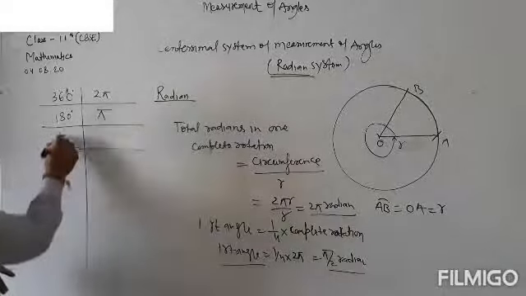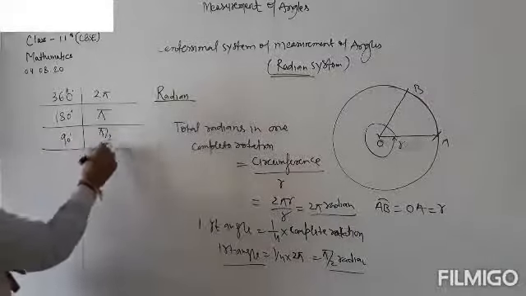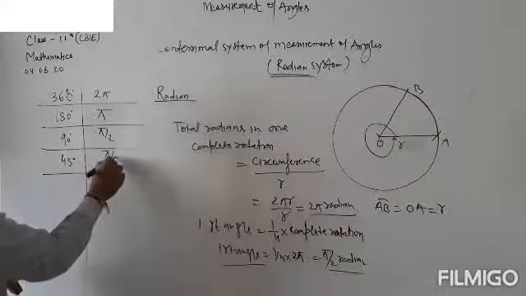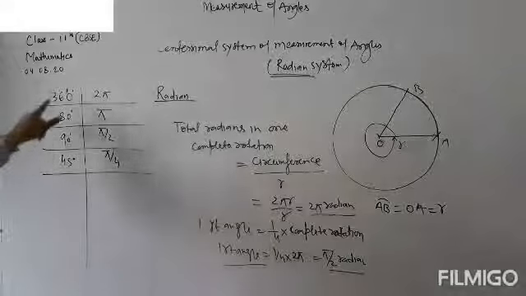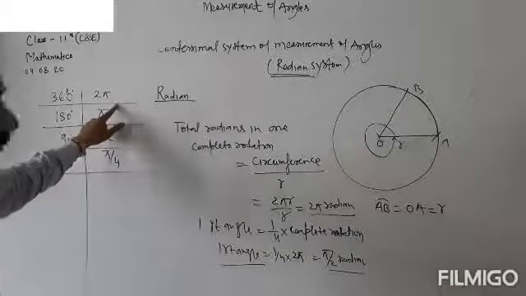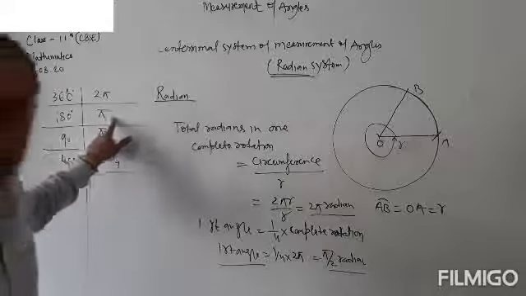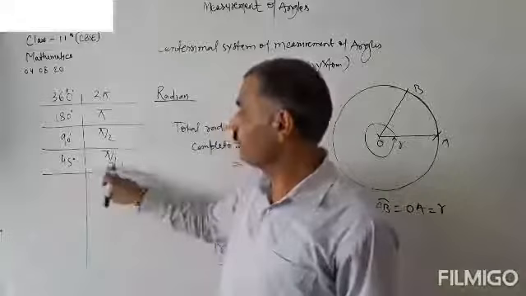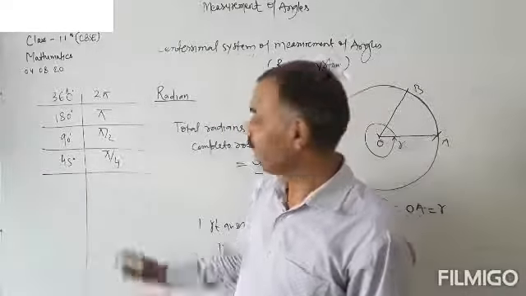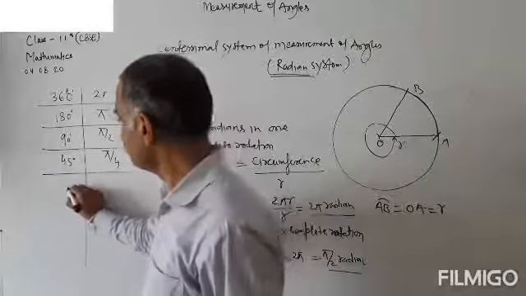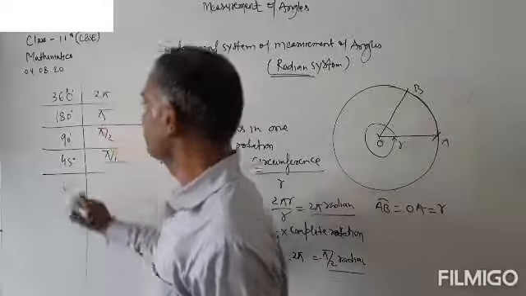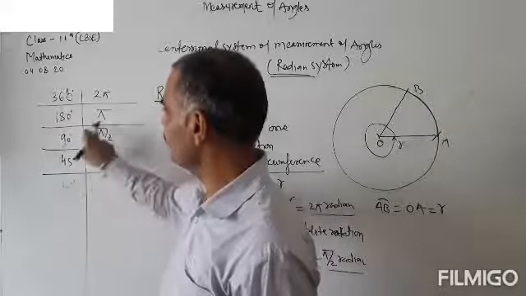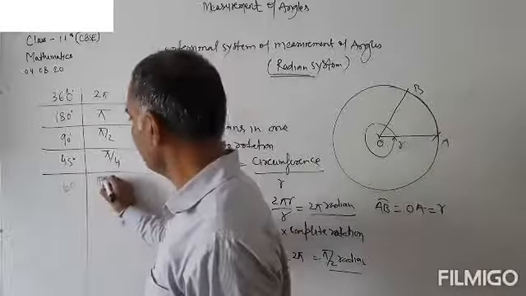Again making half, 90 degrees is pi by 2. Again making half, 45 degrees is pi by 4. Now if we want to find 60 degrees, divide 180 by 3, that is pi by 3.